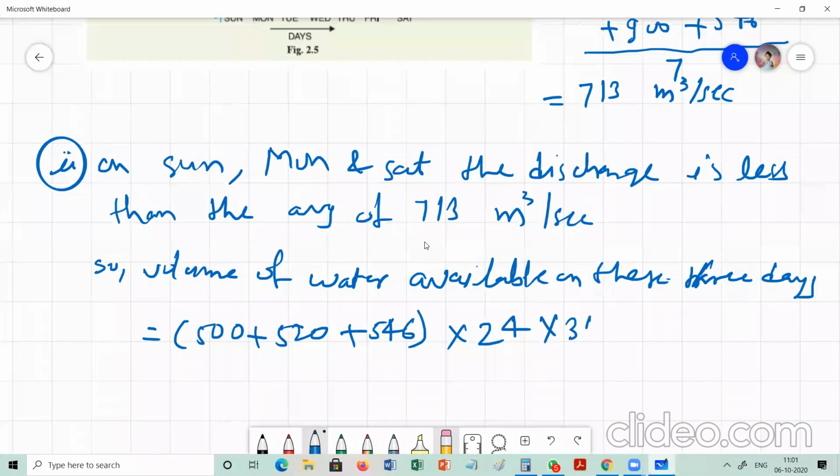It should be multiplied by 3600, and it will give volume.